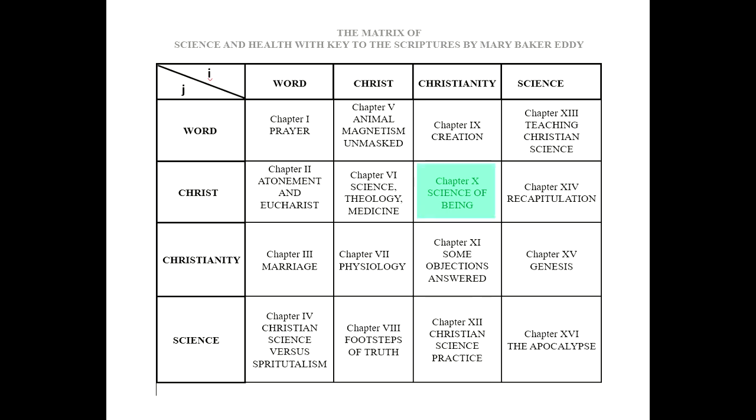All right, so we now have been brought by the calculus to the 10th point in the textbook matrix, to the chapter Science of Being. We are in the Christianity vertical, in the realm of ideas, and at the point of the Christ, where we see the power of the manifestation of ideas in spite of any error, in spite of illusions.